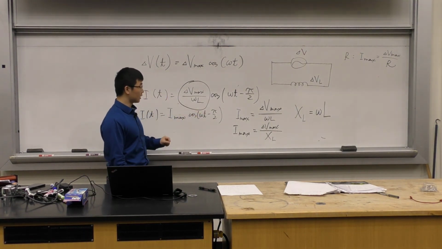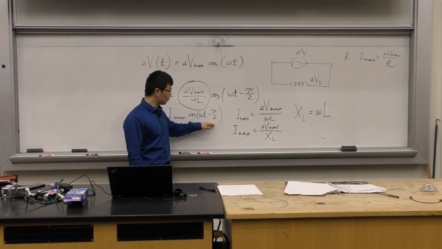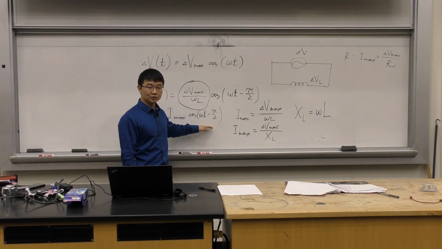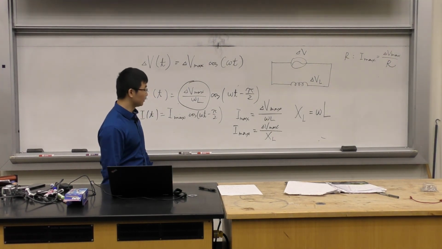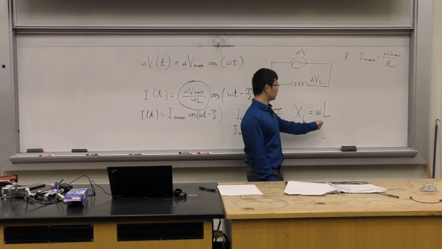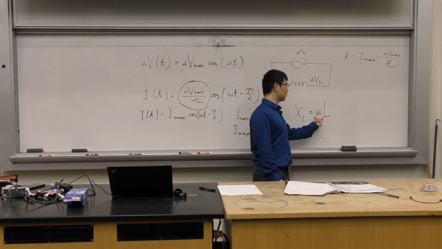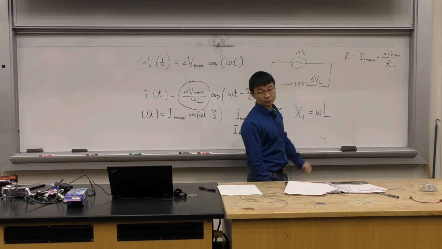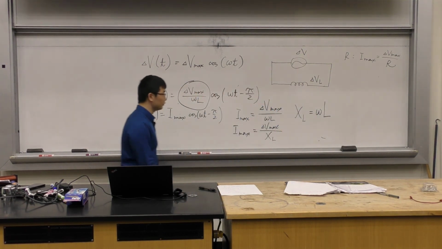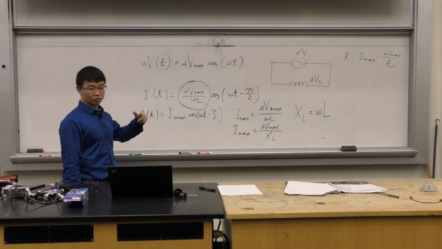The only difference is that it shifts this current 90 degrees behind the voltage, and also the equivalent resistance depends on the inductance and the source, because omega is the angular frequency of the source. If you connect it to a different source, the XL is going to change.